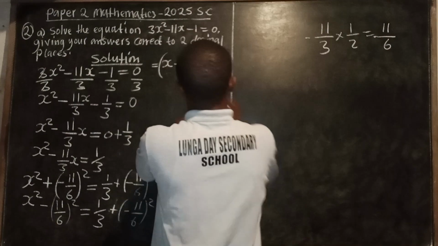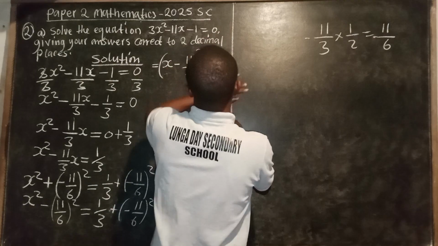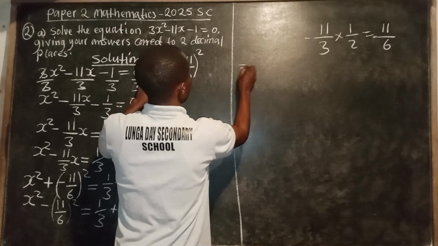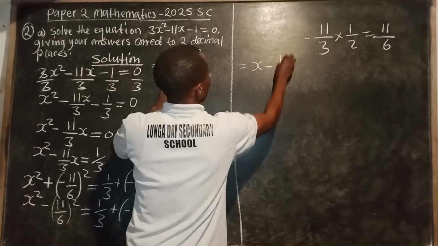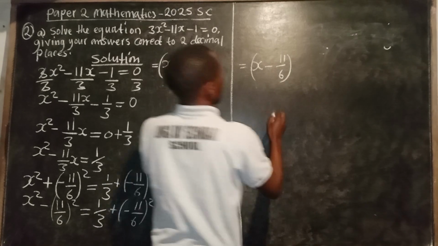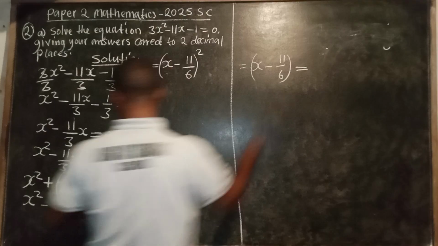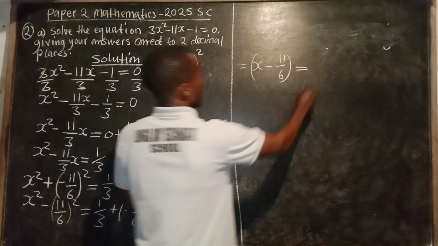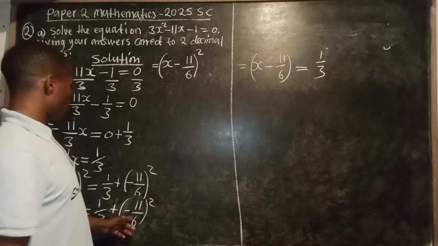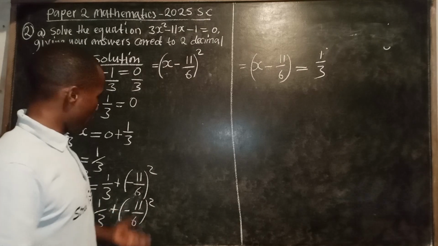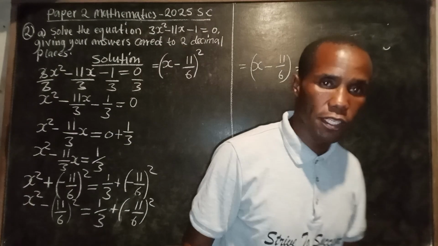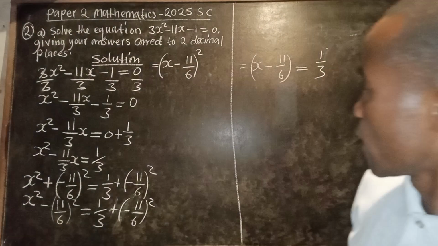Then you say x minus 11 over 6. I think I can write this one here, because looking at the space, it can't fit. So we'll say minus 11 over 6, then equals 1 over 3. Here we know we can square this: 11 squared, because this power is affecting both the numerator, 11, and the denominator, 6.